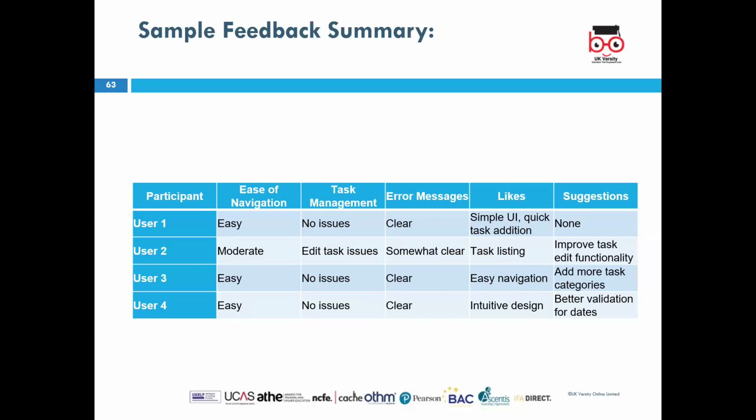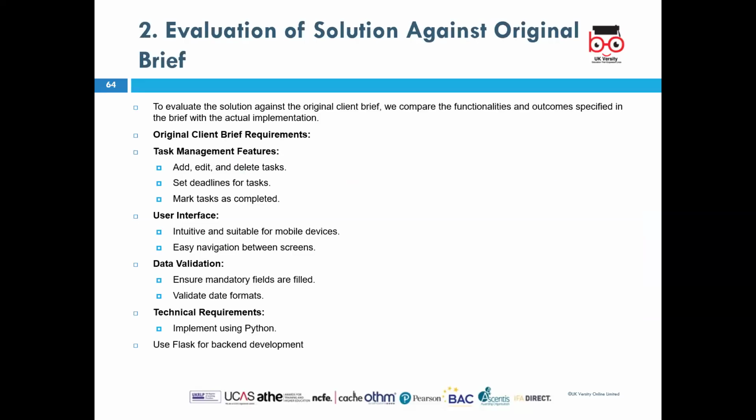Here from the table, we have a sample feedback summary, where we look at our participants, 4 users who provided feedback on how easy it was to navigate, task management, error management, likes, and also provided some suggestions to improve our application.